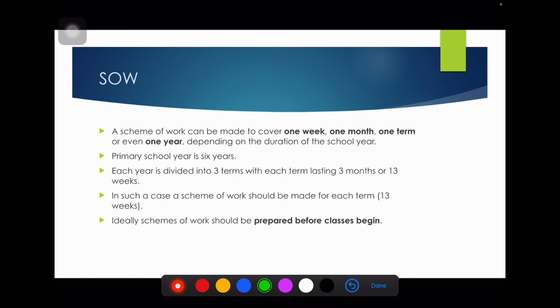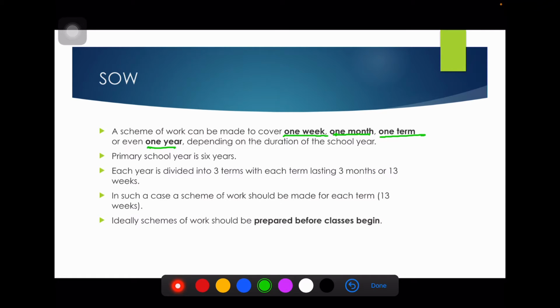Now, scheme of work could be 1 week. That means you do a 1 week planning for your class. Or it could be a month, or it could be a term, or even a year.